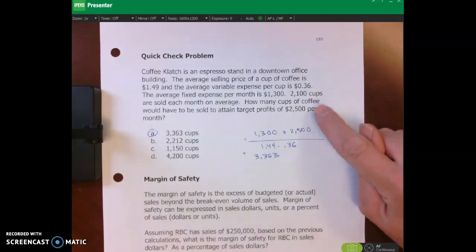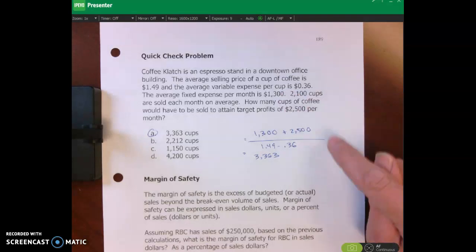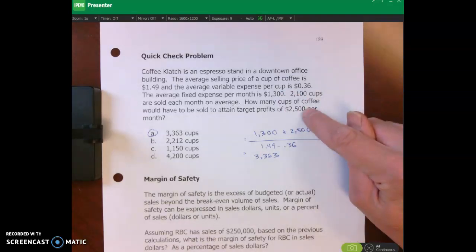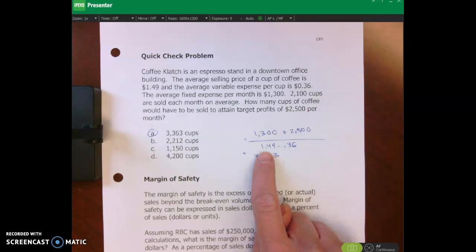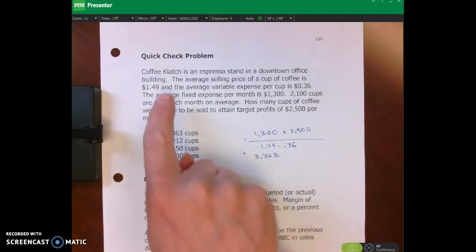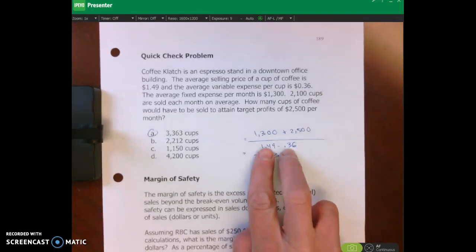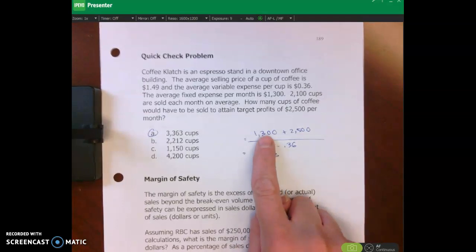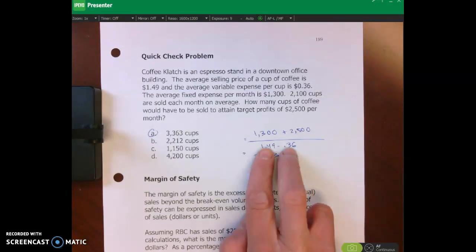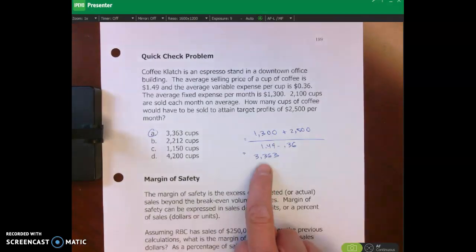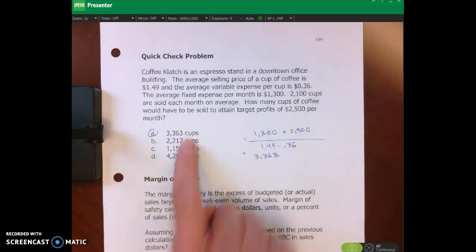So we take our fixed costs, which is given to us, plus our target profit, 2,500, divided by our contribution margin per unit. So you have to calculate that. You take the sales price minus the variable expenses. This would give you the contribution margin per unit. So fixed costs plus target profit divided by contribution margin per unit, 3,363 cups. This is the right answer.